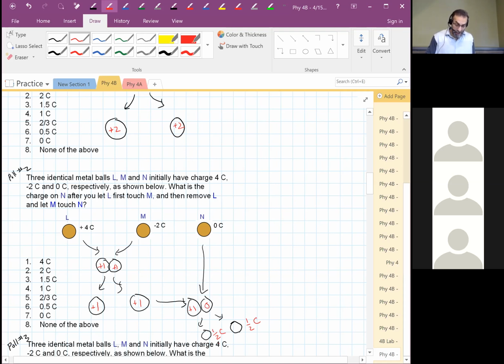Now, maybe this is a good point to talk about quantized charge. So when you are charging something, you move an electron over or remove an electron, right? You add or subtract an electron. So the electron is a fundamental particle in physics, right? Physicists are always trying to figure out what the world is made of and what holds it together.